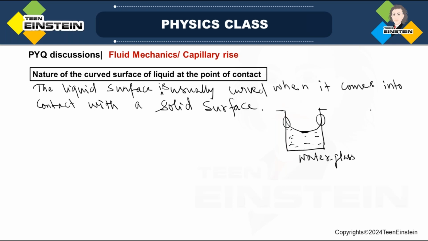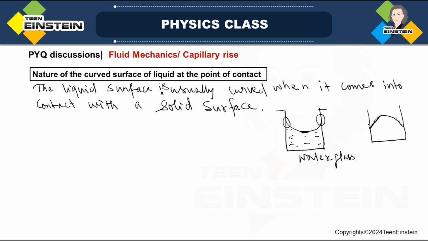Now if you take some mercury in a glass container, at the point of contact, how does it look? Like this, okay. It will be like this.